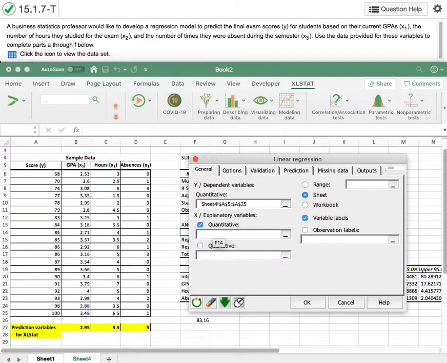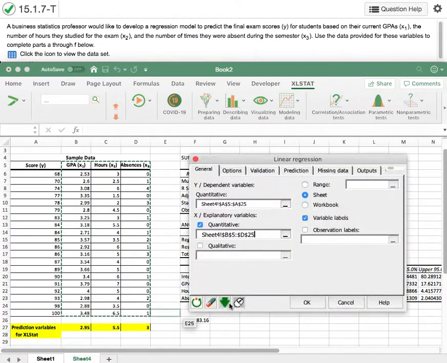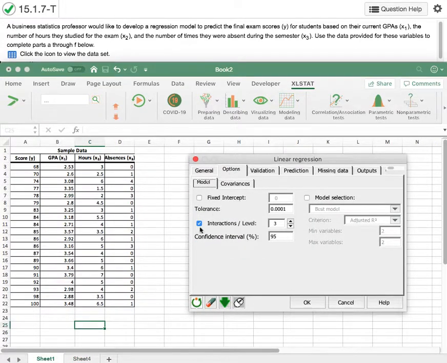And our independent variables here. Output's going to go to a new sheet. We have variable labels included in our ranges that we've highlighted. We are using a confidence interval of 95%, and we have 3 levels here, meaning we have 3 independent variables, so that's correct.